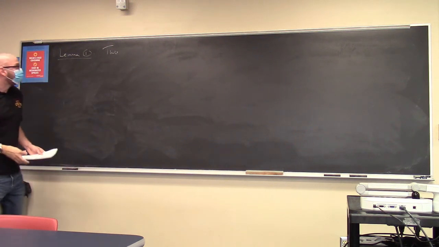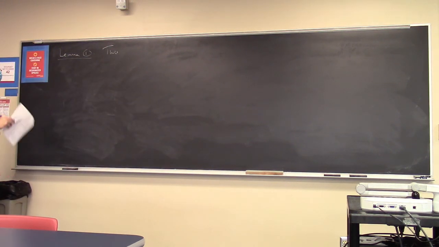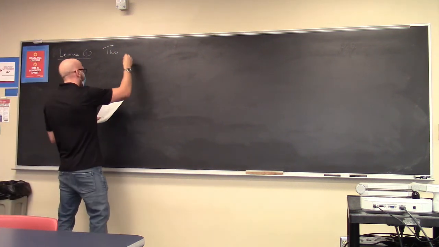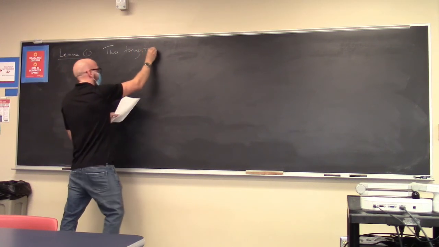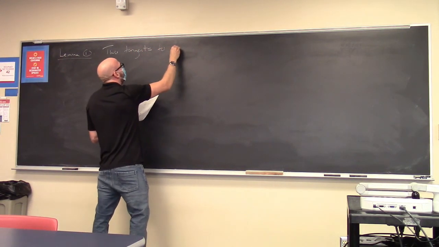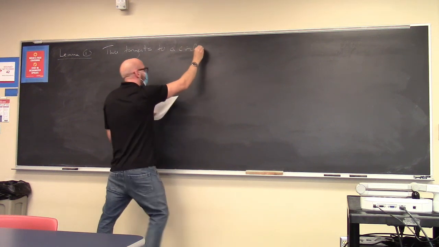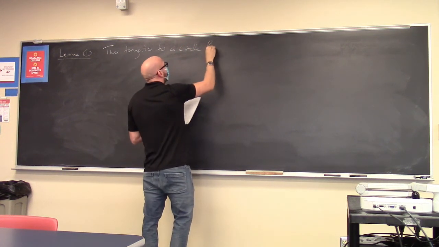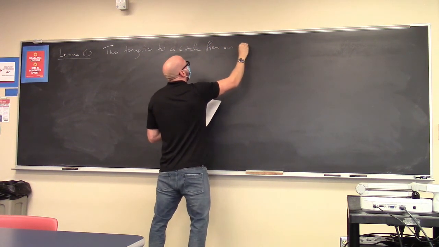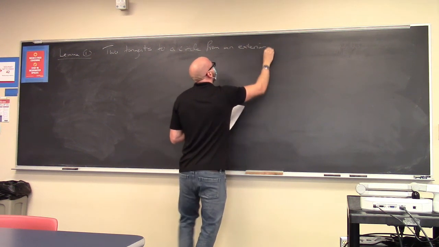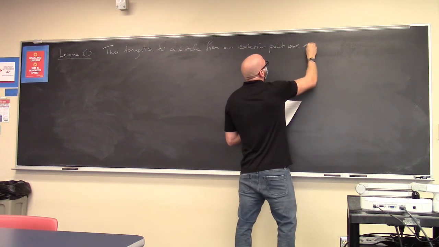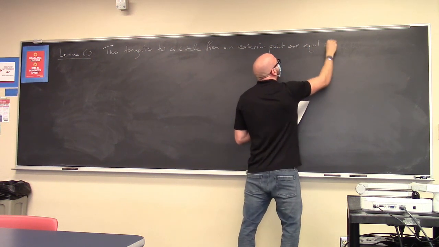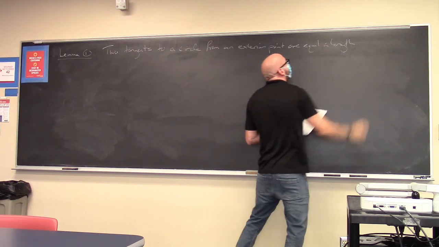Which is something we've talked about. It follows immediately from stuff we've done, but I don't think we've ever exactly stated this or proven it. So I just wanted to separate it for a moment. Two tangents to a circle from an exterior point are equal in length.